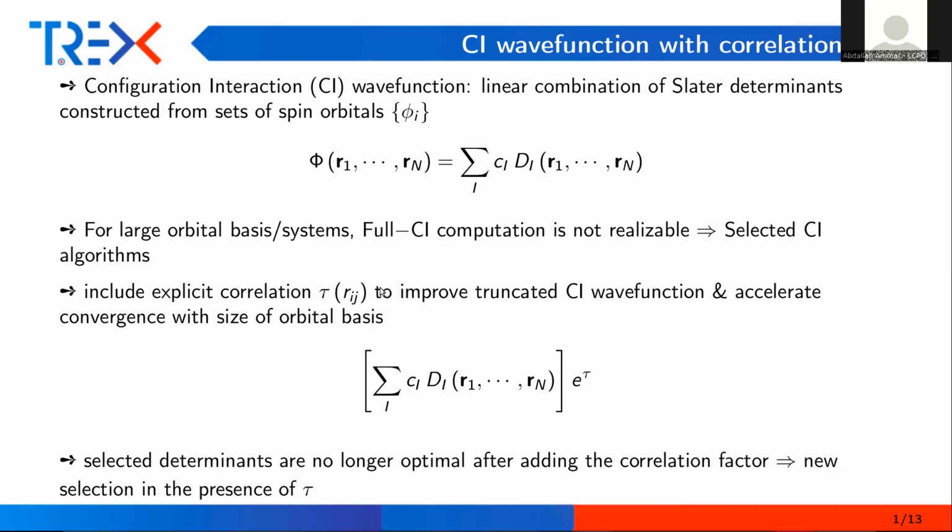However, once the correlation factor is introduced, the most important determinants are not necessarily those obtained before. So the goal of this work is to introduce a selected CI algorithm that allows to select the most important determinants from the full CI space in the presence of the correlation factor.